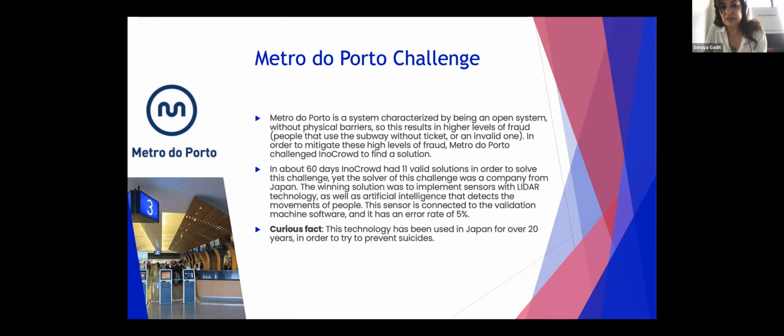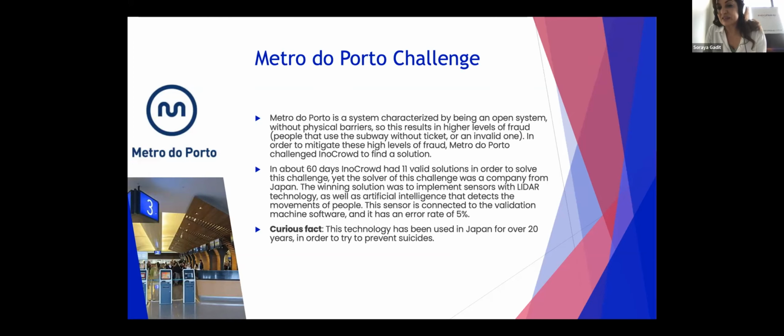Metro do Porto, a railway station, wanted to eliminate fraud because they had a lot of fraud here at Porto, and they wanted to identify the people that don't have tickets.